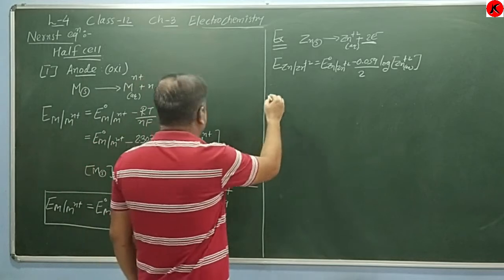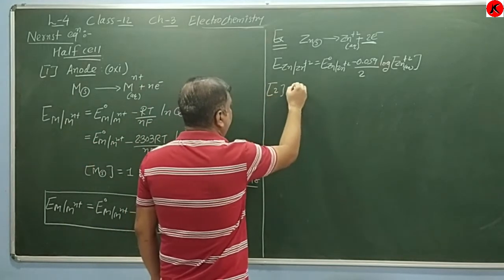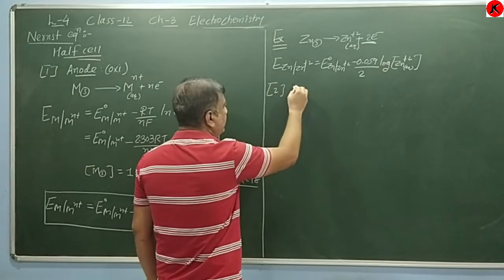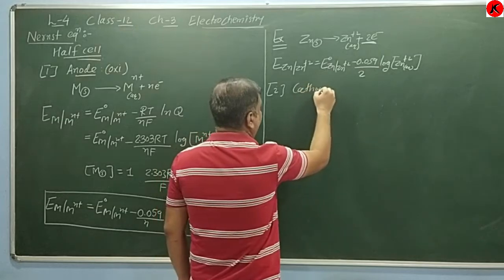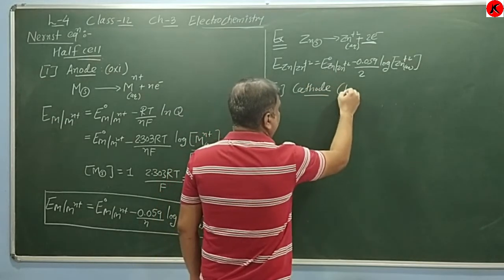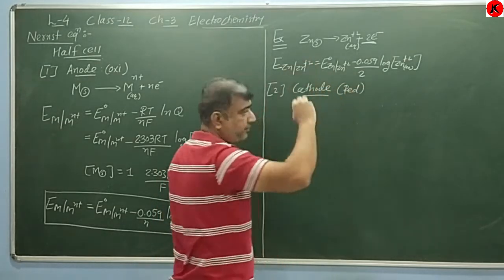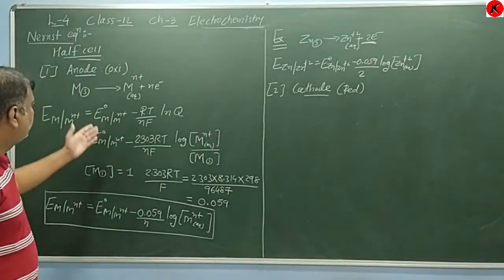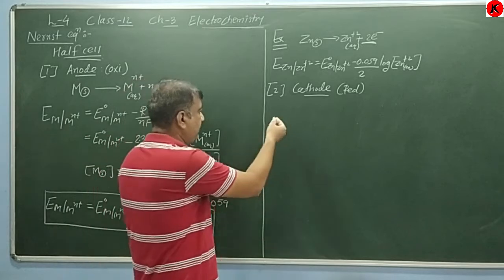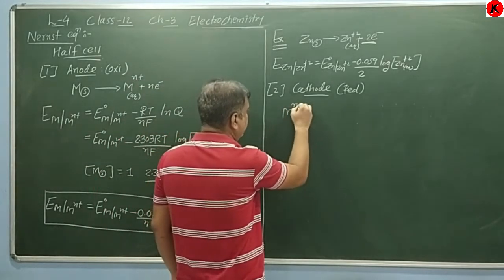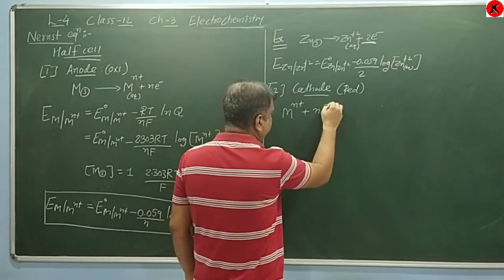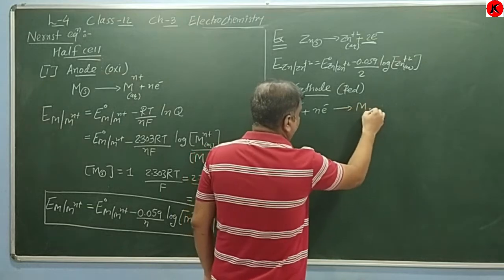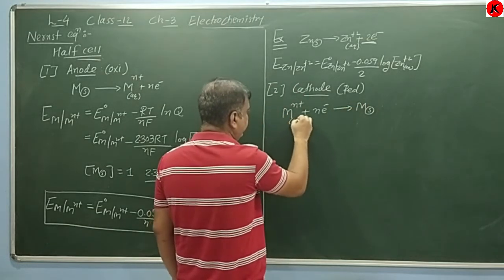Now the second possibility, when the half cell acts as a cathode. Again taking the general reaction, Mn+ plus n electrons gives M solid.